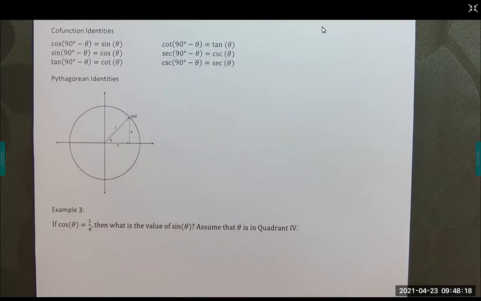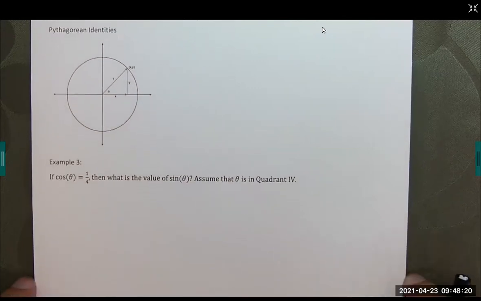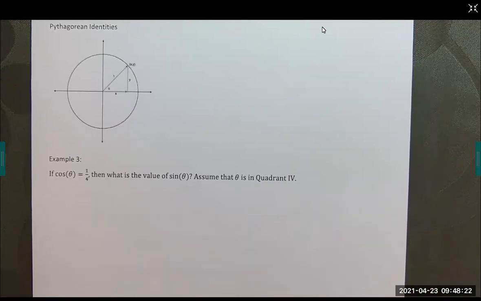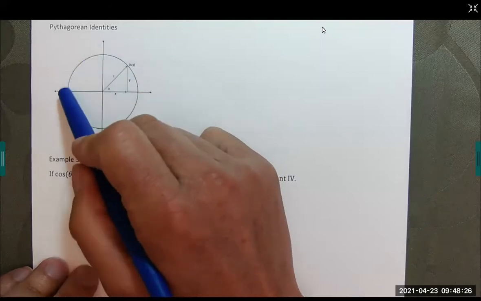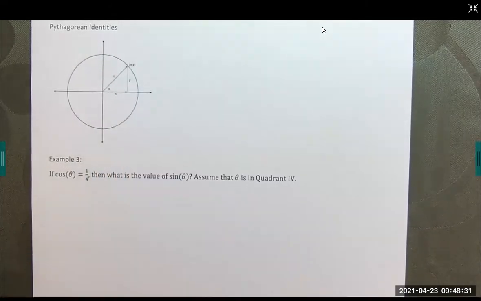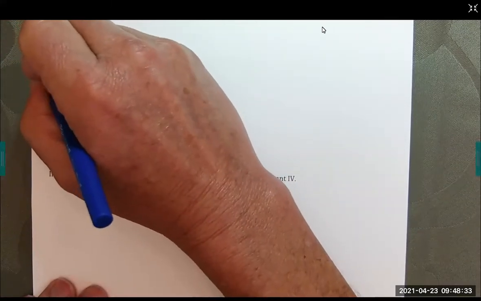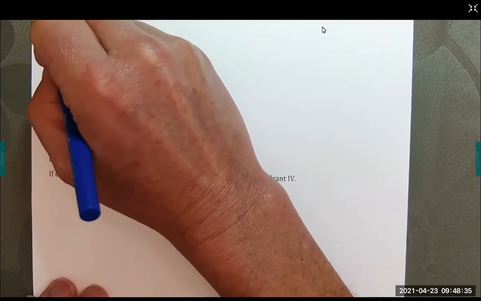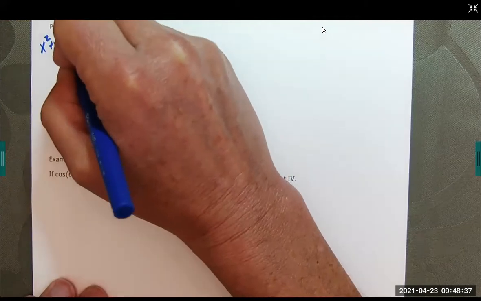And our big ones are our Pythagorean identities. If you recall, when we're talking about a circle in algebra that's centered at the origin, and in this case has a radius of 1, the equation for that is x squared plus y squared equals 1 squared, which is just 1.